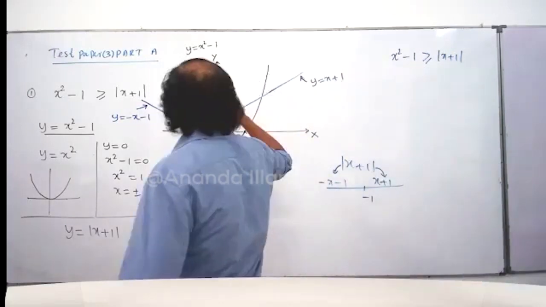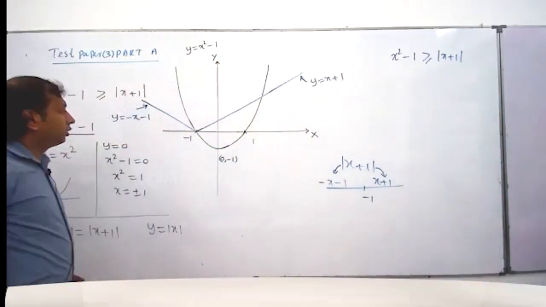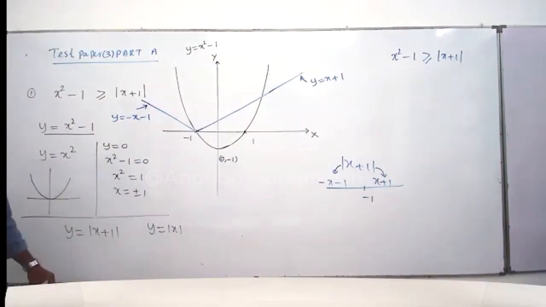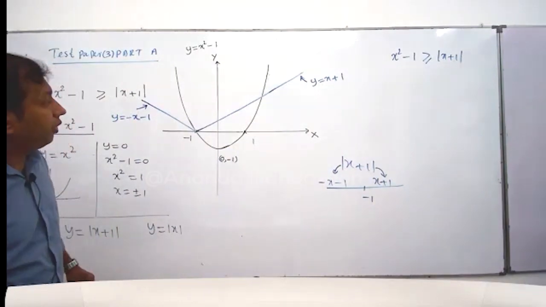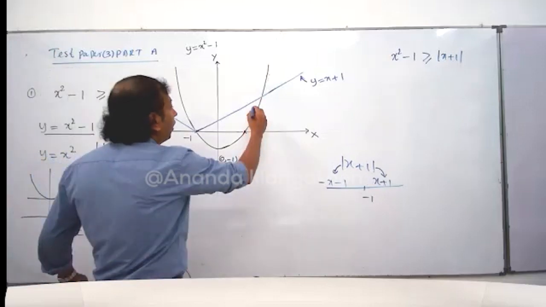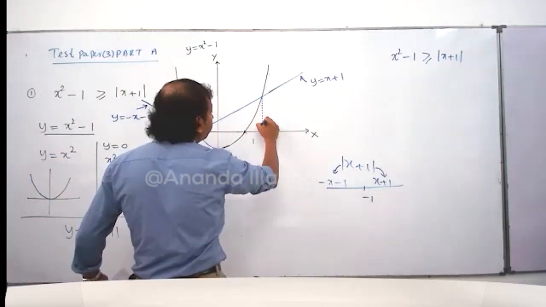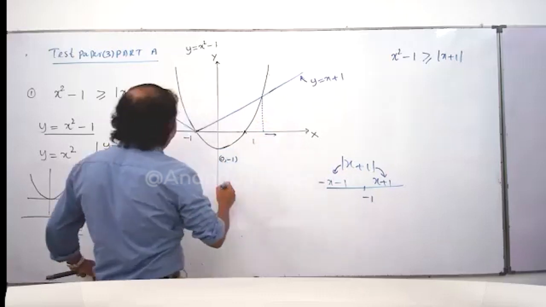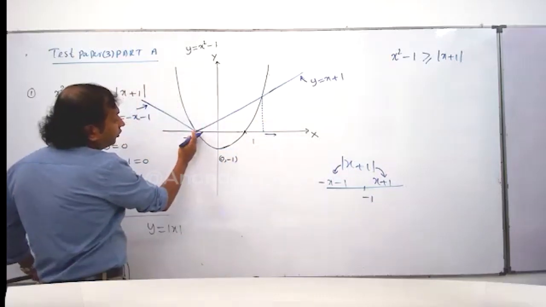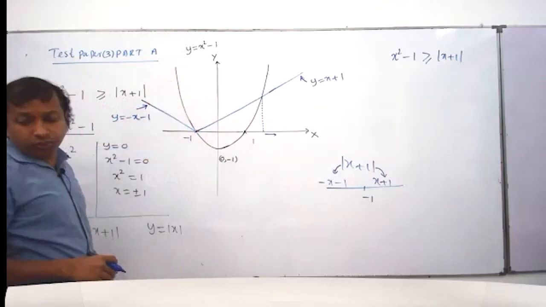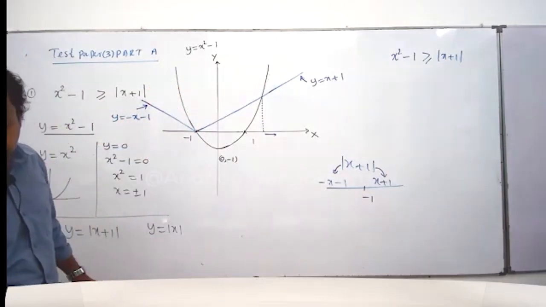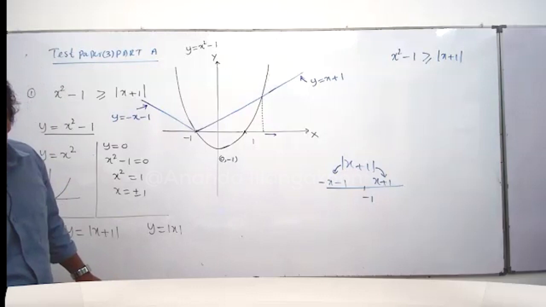You can see after this point to the right, and to the left of this point, the black graph is above the blue. Now you have to find that region.